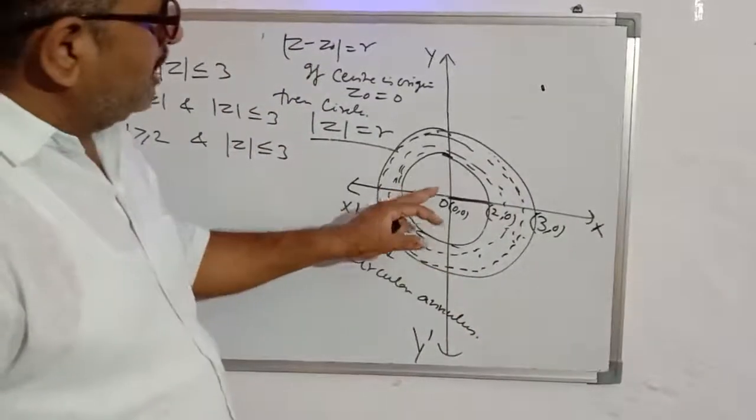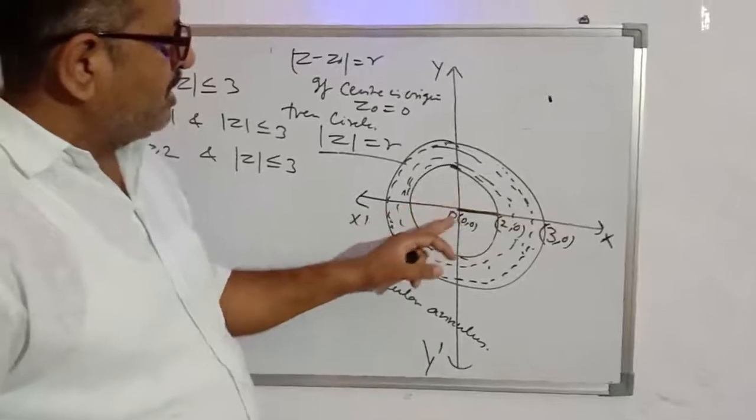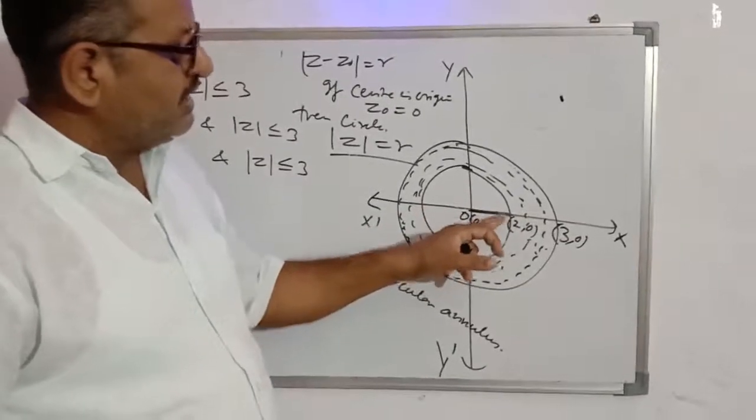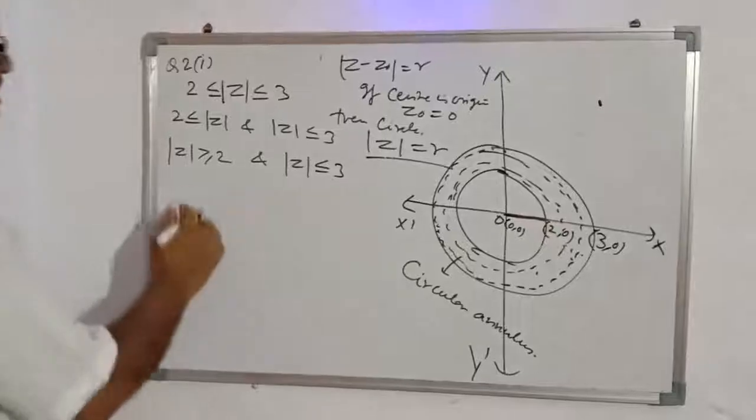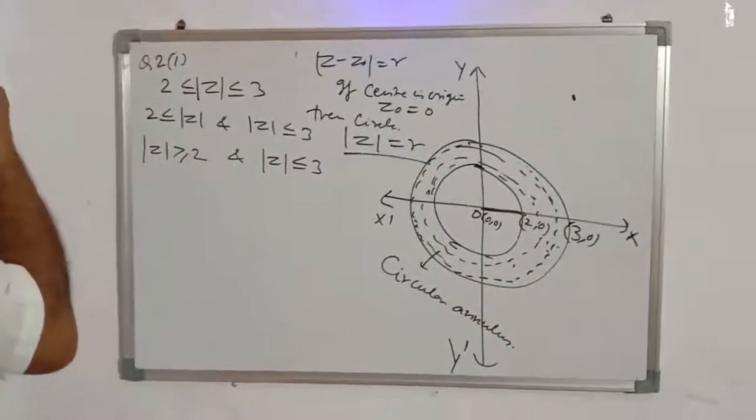Circular annulus formed by two concentric circles having the same center origin, radius 2 and 3. So combining both, what we can write?